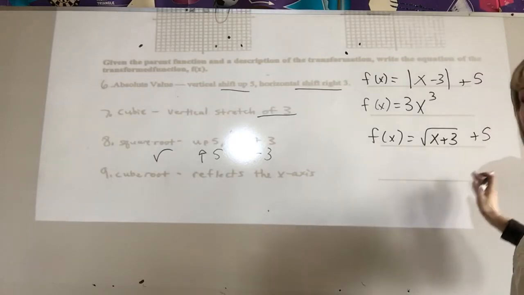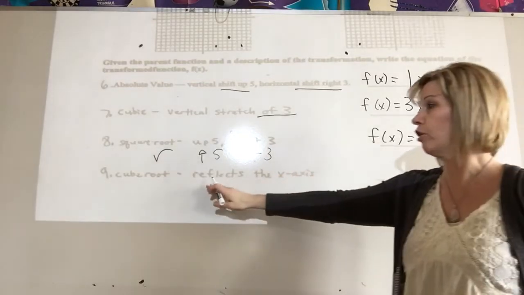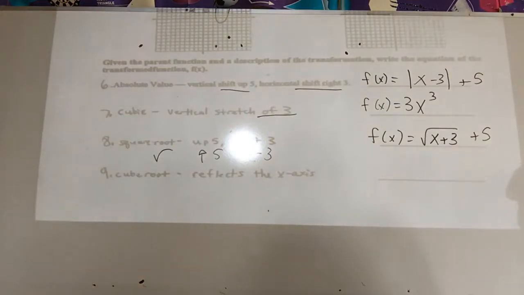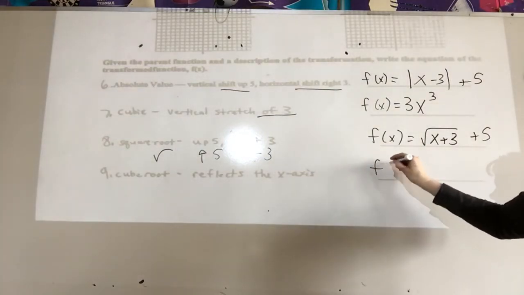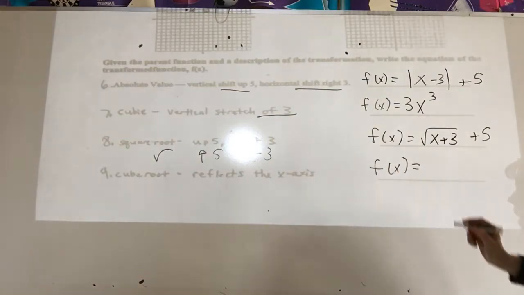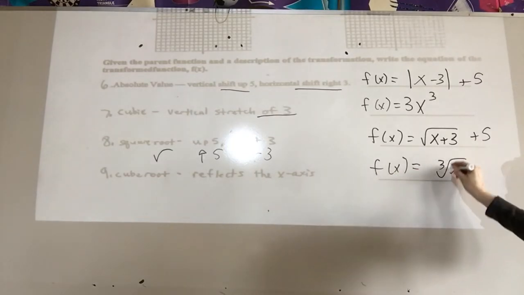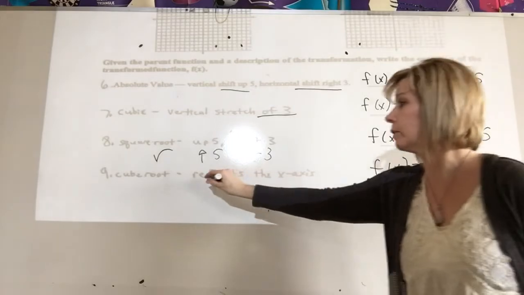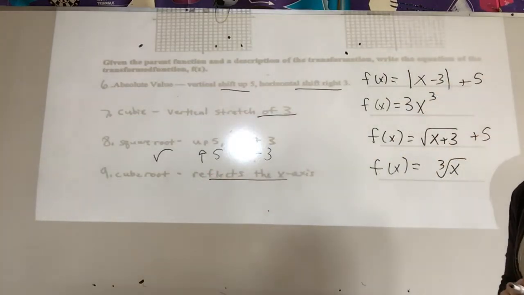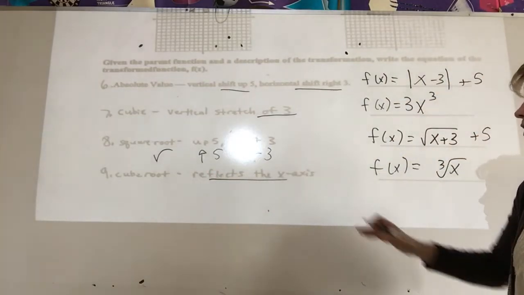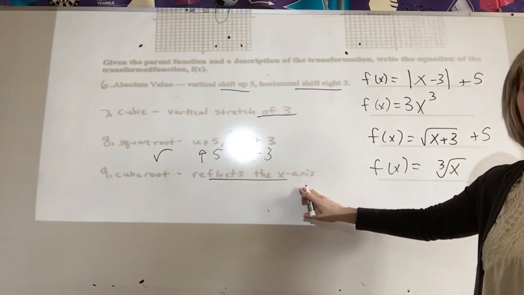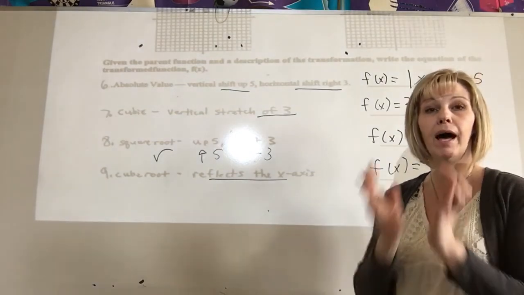So we have cube root function. So for number 9, we have f of x equals, okay, so we need a cube root of x. So the only thing it's doing is reflecting over the x-axis. So if it reflects, it's the same as like our problem we talked about, quadratic.